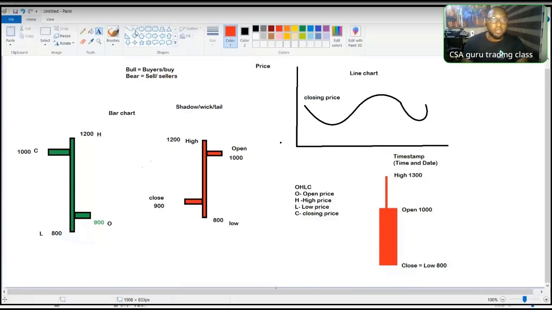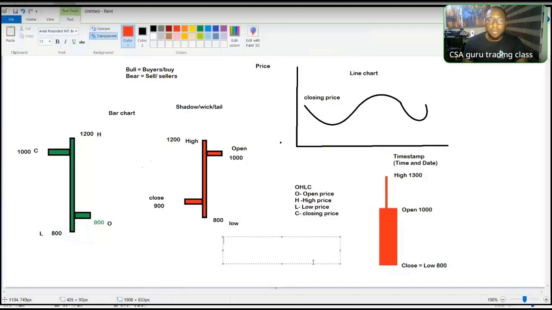Let me type it out. Scenarios we can have: open can be equal to high. I'm going to explain the implications of this as well. Open can be, close equals to low. Then we have close equals to high, and we have open equals to low.